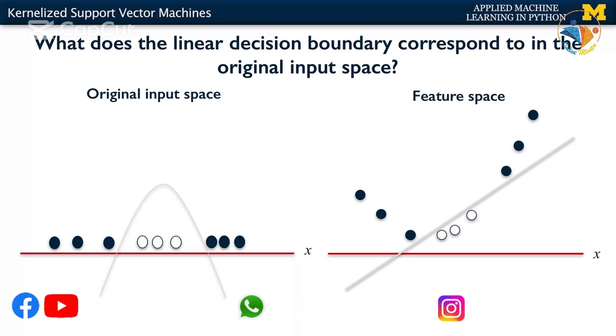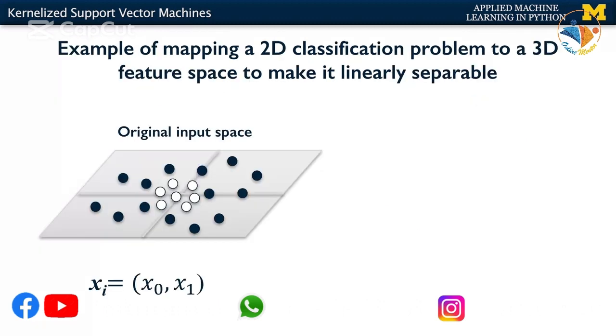Now, just so this very important idea is clear, let's move from a one-dimensional problem to a two-dimensional classification problem and see the same powerful idea in action here. Here we have two classes represented by the black and the white points, each of which has two features, x0 and x1.